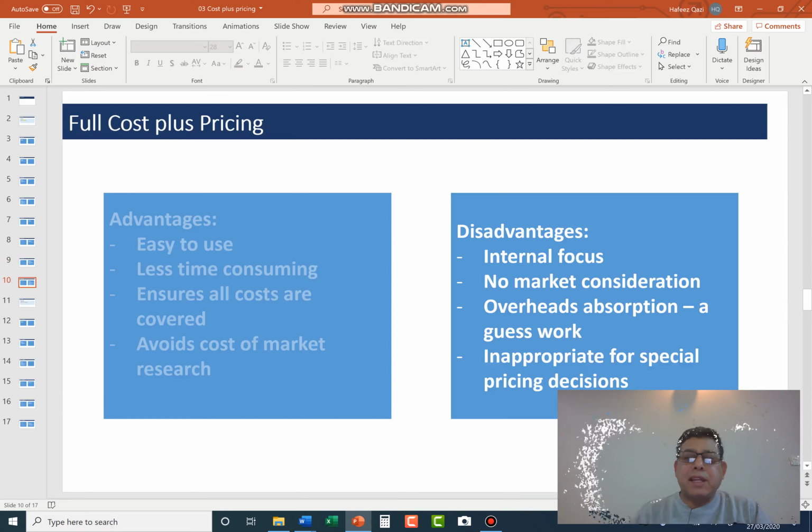Last but not the least, the full cost plus approach is inappropriate for special pricing decisions. Like in relevant costing, you study that especially for make or buy decisions, further processing decisions, or accept or reject decisions, pricing quotations or bidding decisions, we use relevant costing, and a number of times full cost plus pricing leads to not accepting the bids or losing the customers.